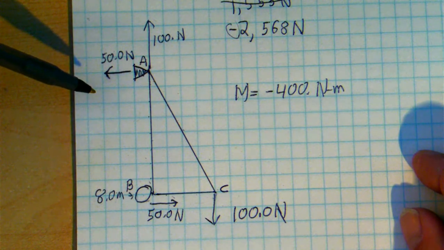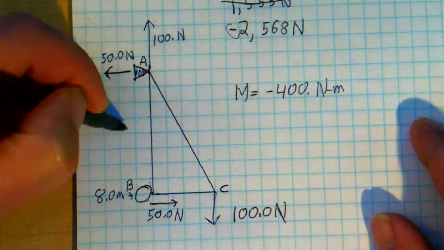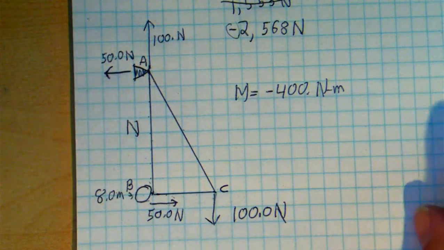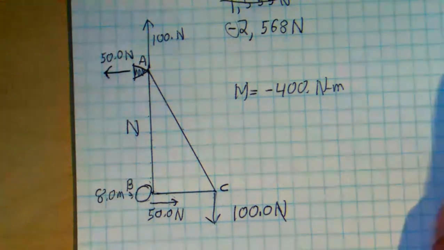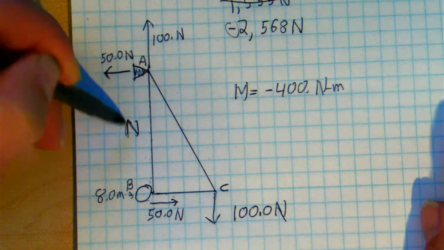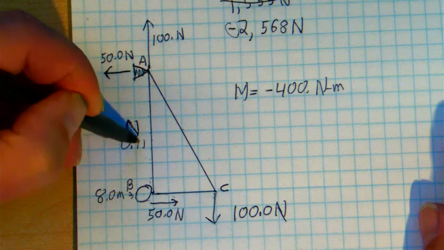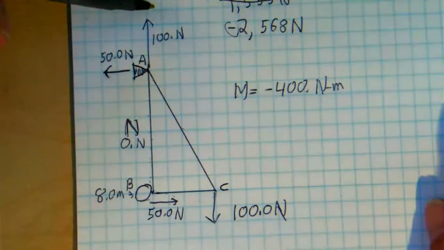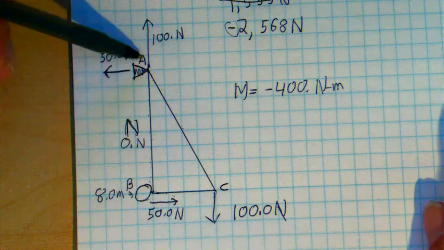Isn't that interesting? It is neutral. So I use T for tension, C for compression, and the software I use uses N for neutral. So it's actually 0 newtons for member AB.